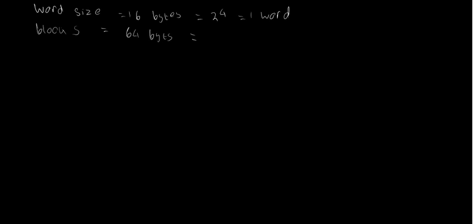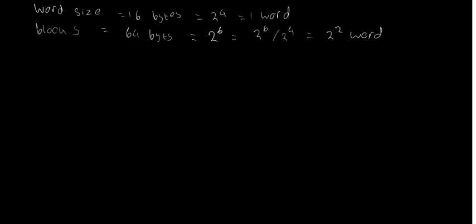It's 2 to the power 6. This is equal to 2 to the power 6 divided by 2 to the power 4, which is 2 squared words. So basically we have 4 words. Each block can store a maximum of 4 words.